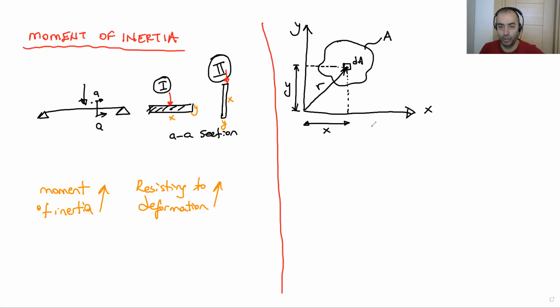The moment of inertia with respect to the x-axis is Ix. By the way, the I is the moment of inertia. We use this capital I for representing the moment of inertia in our calculations.